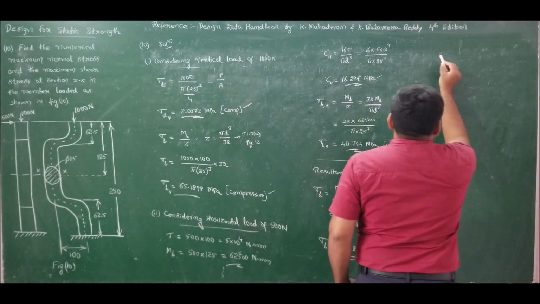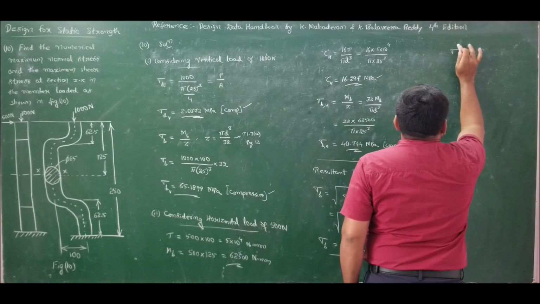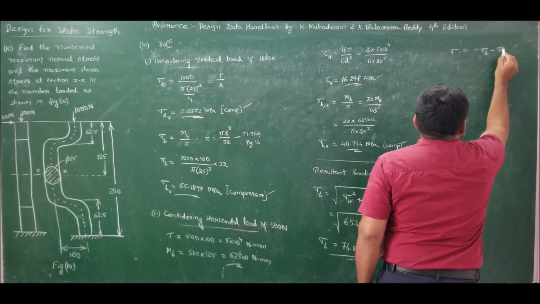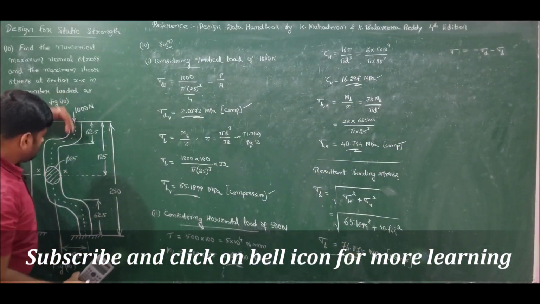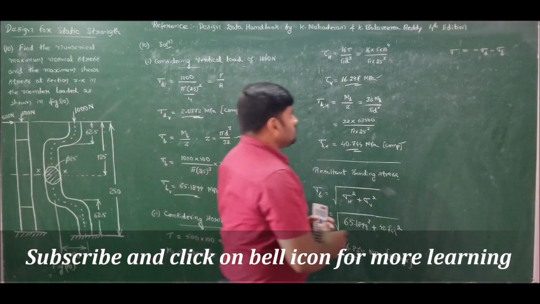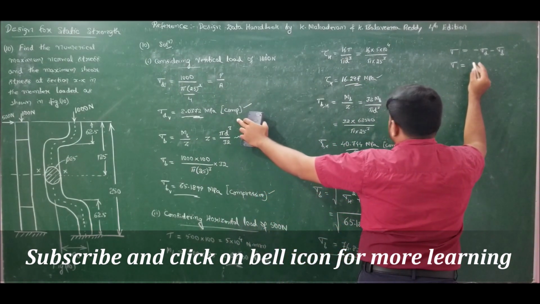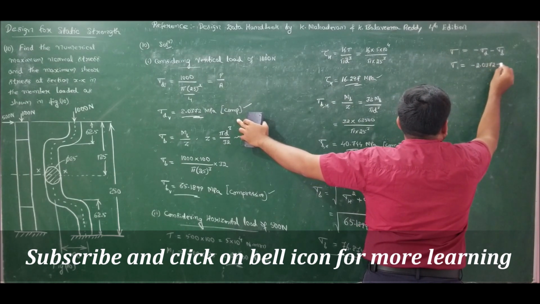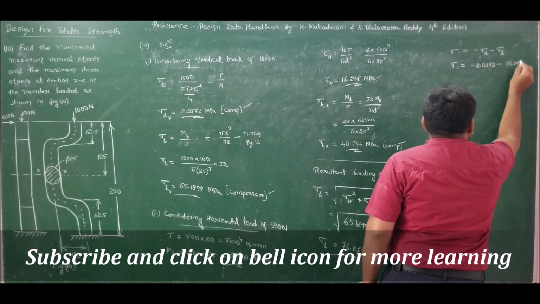Now we know the value of direct stress. Having both compression and bending, sigma is equal to minus sigma d minus sigma b. Why am I using minus? Because both are compressive. Direct stress is compressive, bending stress is also compressive, so I am using the negative sign here. Hence the value of sigma will be minus direct, 2.0372, minus bending, 76.875.